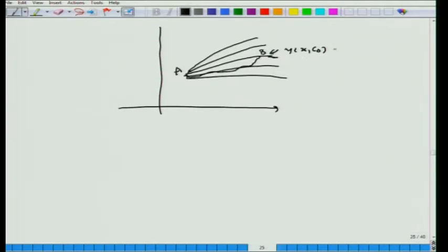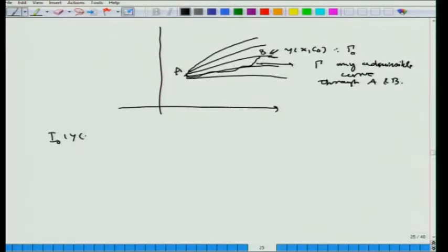So, this we denote as gamma 0, and this curve gamma is any admissible curve through A and B. And then we consider this I0, that is y(x, c0), which is from x1 to x2.